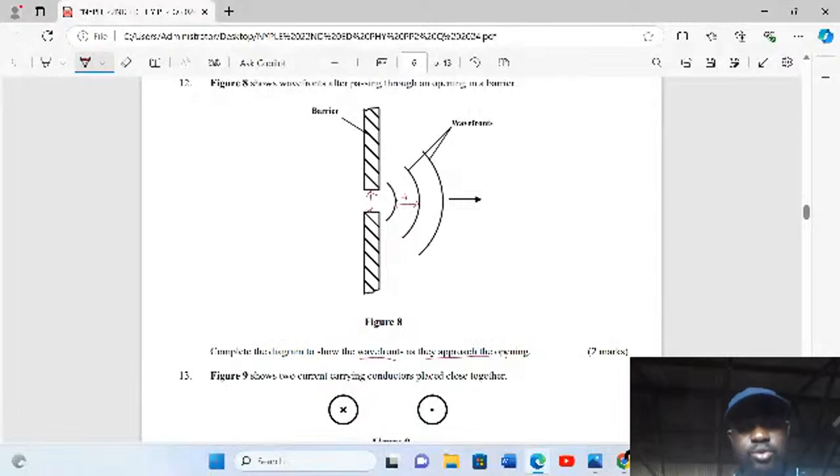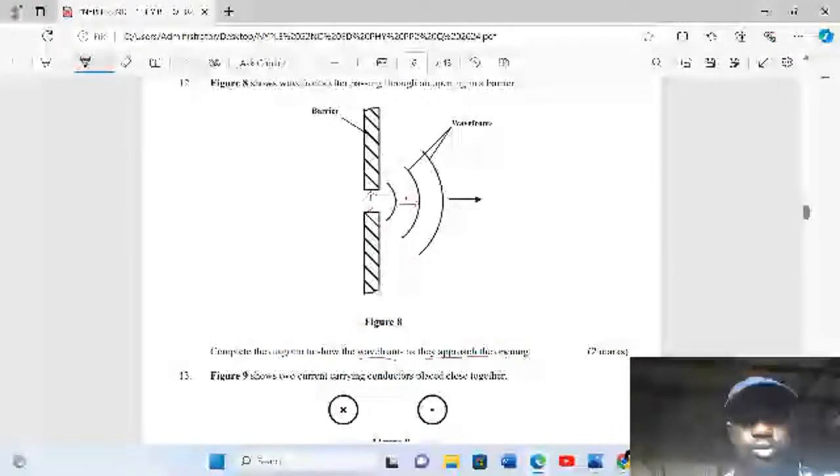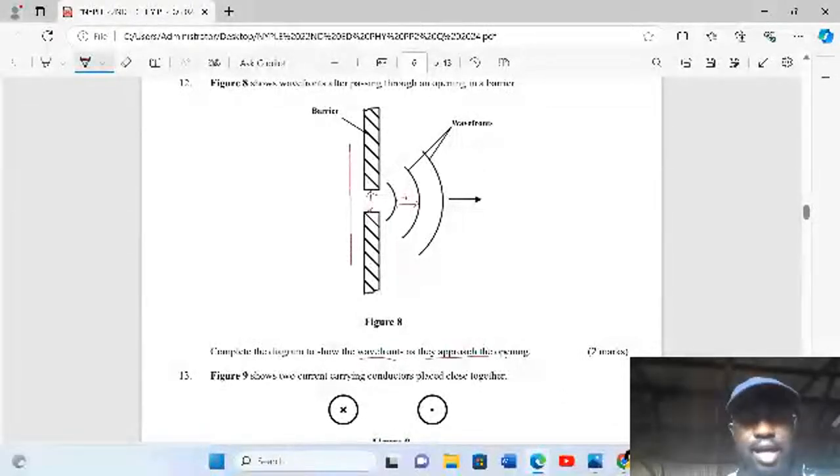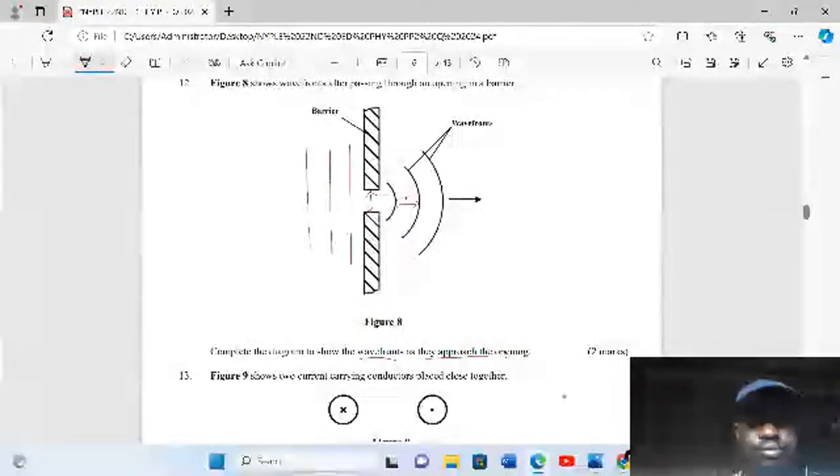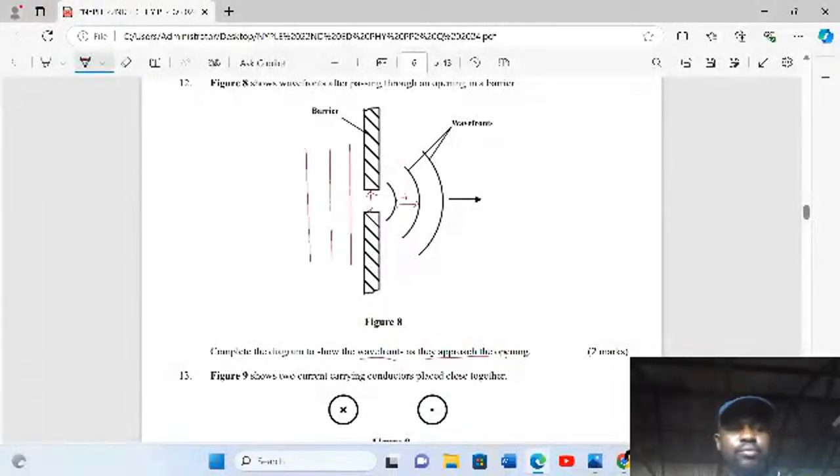Therefore, the wavefronts approaching this opening, you expect them to be parallel and of almost the same wavelength. Like that.